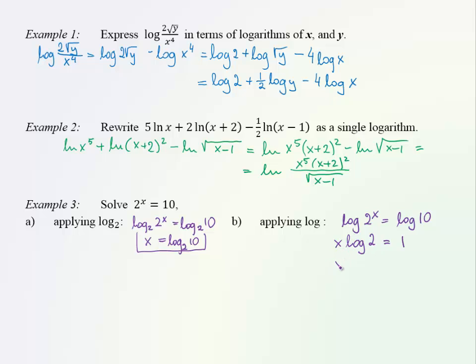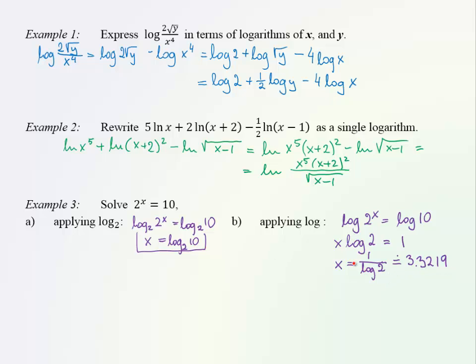Therefore, we can solve for x by dividing by log 2. This is equal to 1 over log 2. And this time we are able to evaluate. We can use the calculator and divide 1 by log 2, and that's approximately 3.3219. Please check on that by yourself.